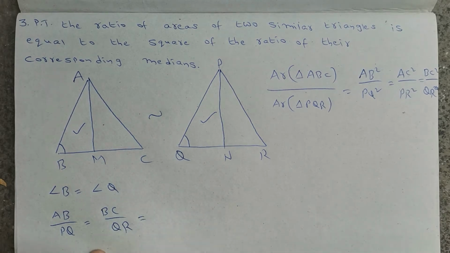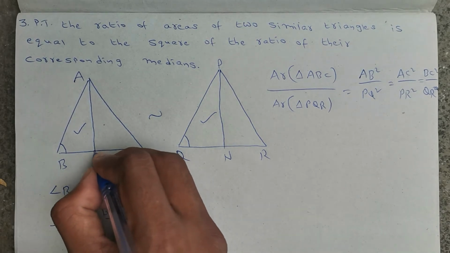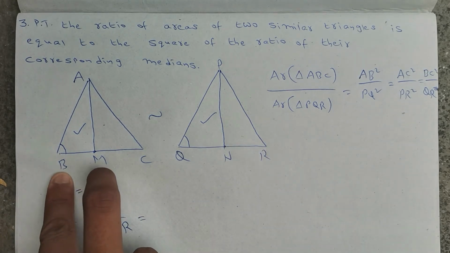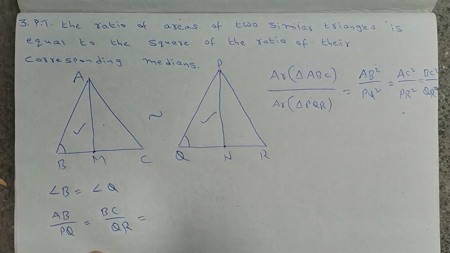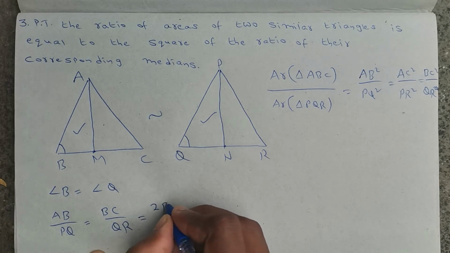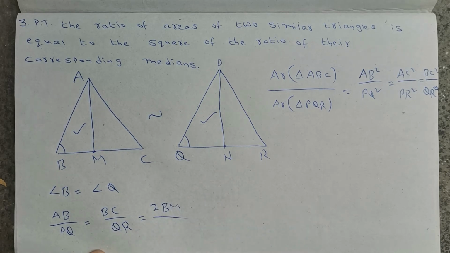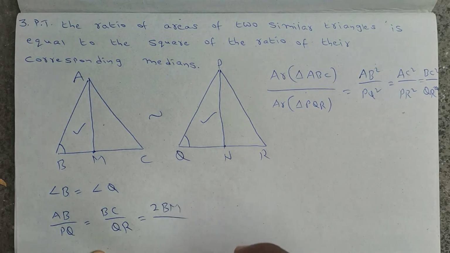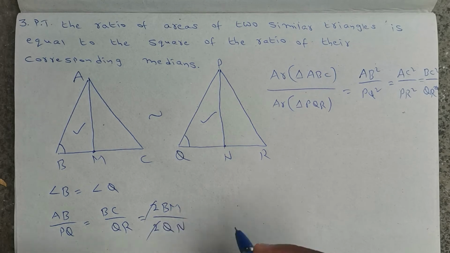Now here M is the midpoint, here N is the midpoint. So BM is half of BC, so BC is nothing but 2 times BM divided by, here also the same, QR can be written as 2 times QN. So 2 will get cancelled.